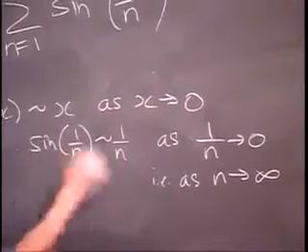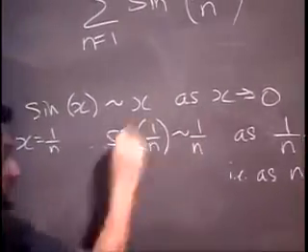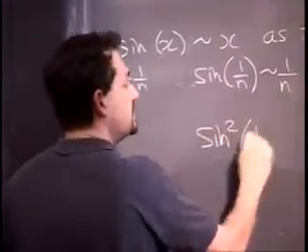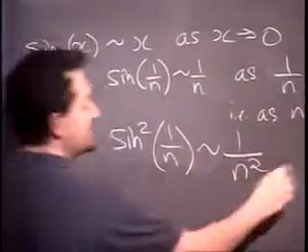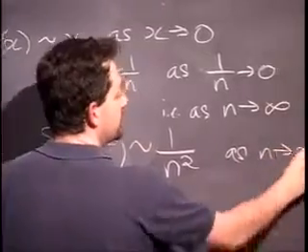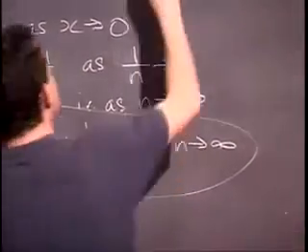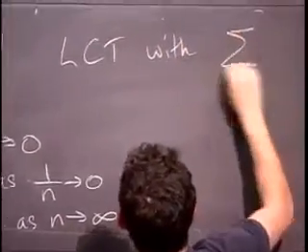Let's square both sides. That's allowed. You can multiply, divide. You can't add or subtract, but you can take powers. Sine squared 1 over n twiddles 1 over n squared as n goes to infinity. So that is the crucial fact, and then you can use a limit comparison test with a much simpler sum.